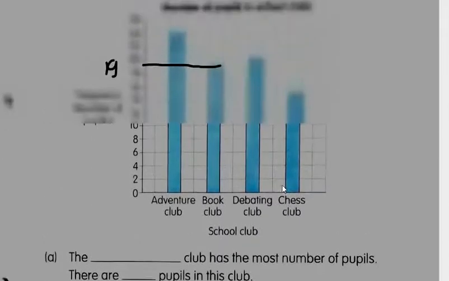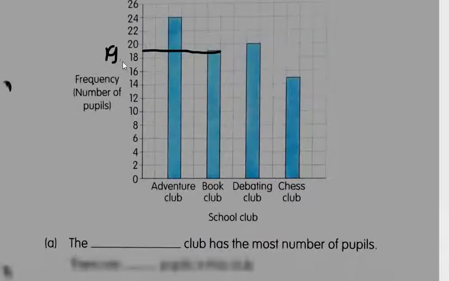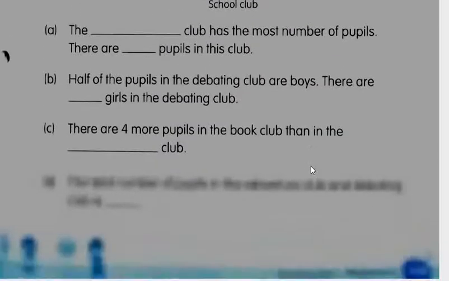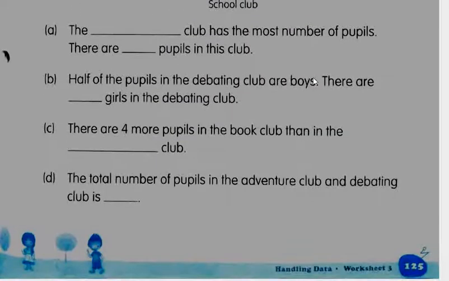So let's subtract 4 from 19 and you get 15. Which bar represents 15? Okay, this bar represents 15. And what club is that? It is chess club. That is the answer to question C.